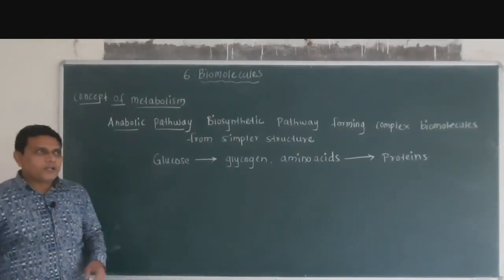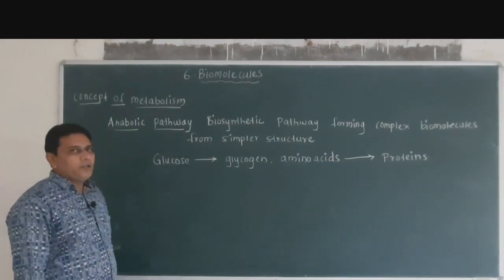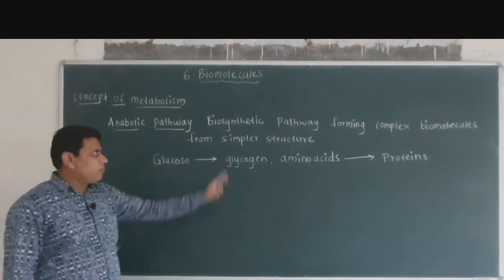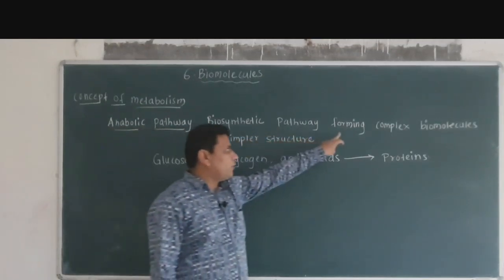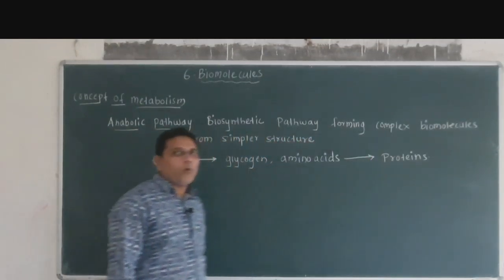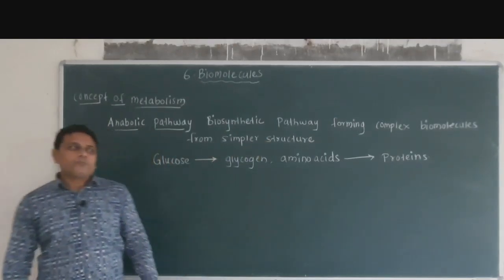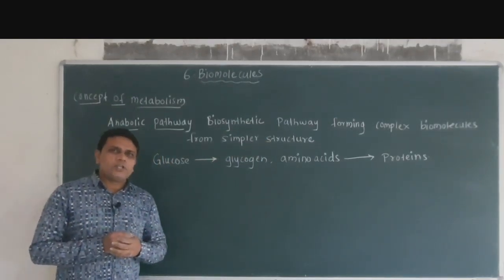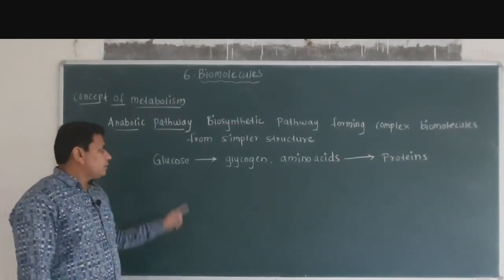Then the next type is anabolism or anabolic pathway. It is also called as biosynthetic pathway. So it is a biosynthetic pathway forming complex biomolecules from simpler structures. That means complex substances are produced from simpler substances.